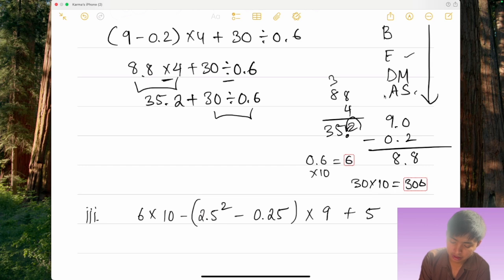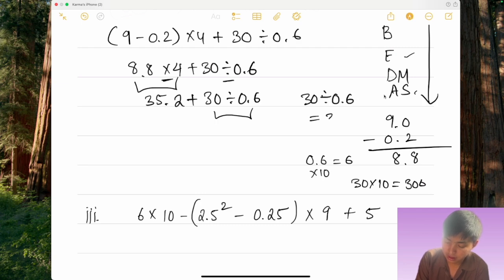Now rewrite the whole thing. So 30 divided by 0.6 is the same as 300 divided by 6.